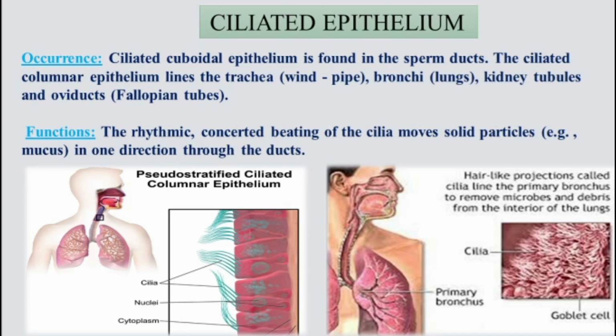These cilia remove microbes and debris from the interior of the lungs because they are finger-like projections. So cilia remove microorganisms and dust particles, especially in the lungs. This is the function of the ciliated epithelium.